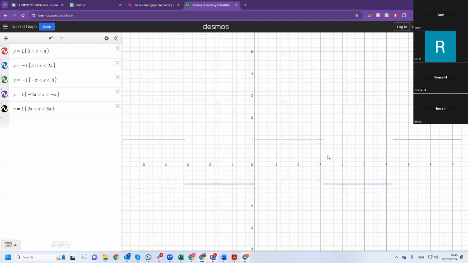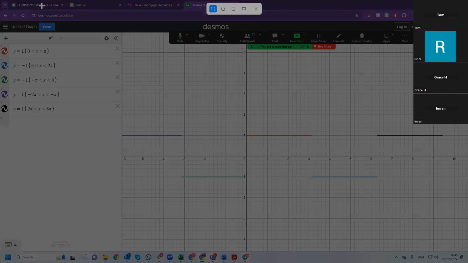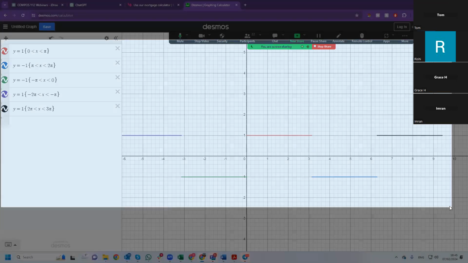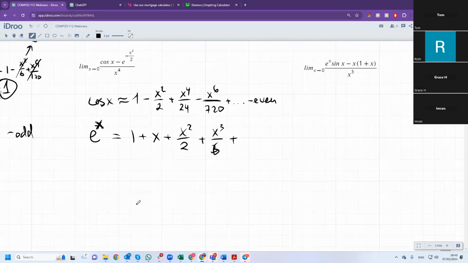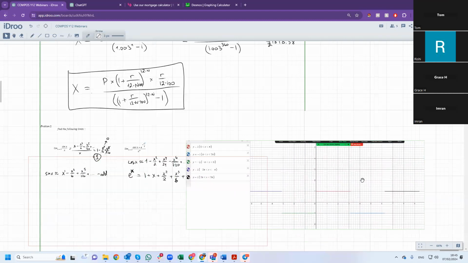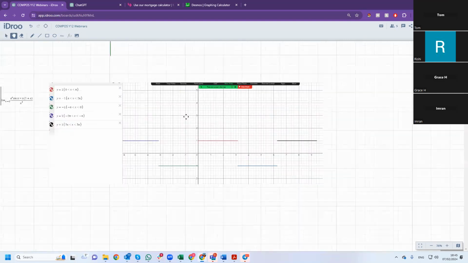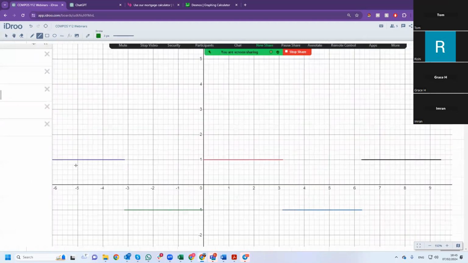So you can see a function, right? It's a stepwise function, like a square wave. Yeah, you can imagine that this is a square wave, and it's going to go like this.